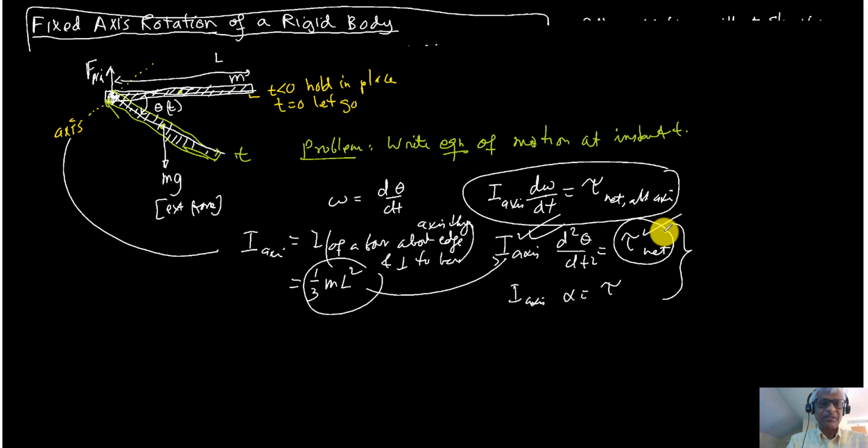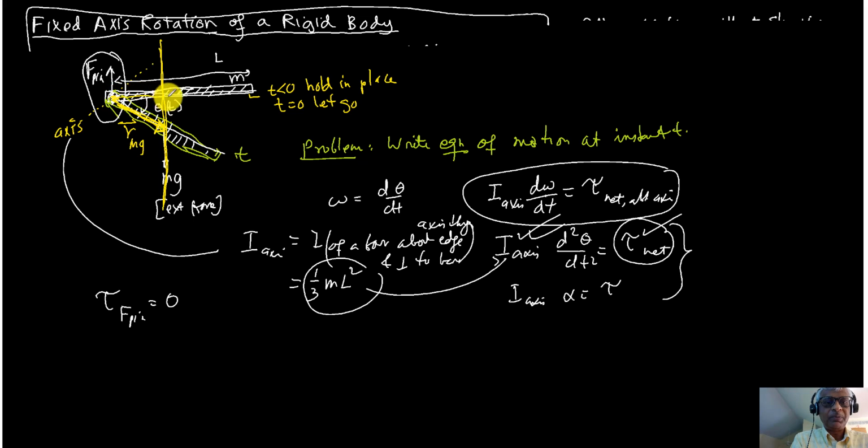How about the torque? Now this force is right through the axis, so the torque of F pin will be just 0. Now we have this force. To figure out its torque, we can just figure out the lever arm. So this is the R vector for this force, R for mg, and this is the line of force for mg.